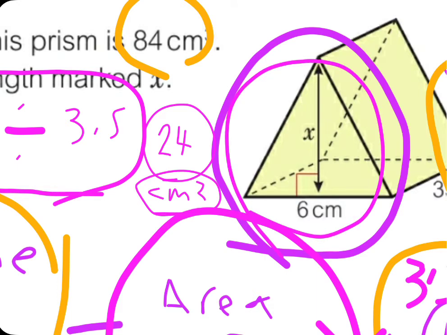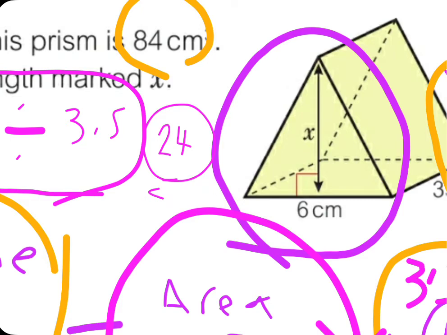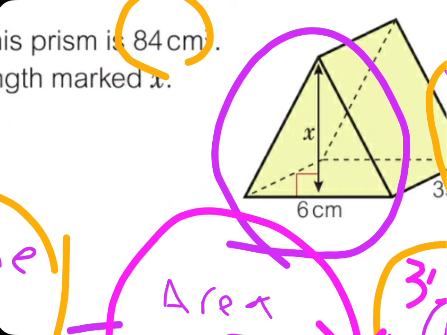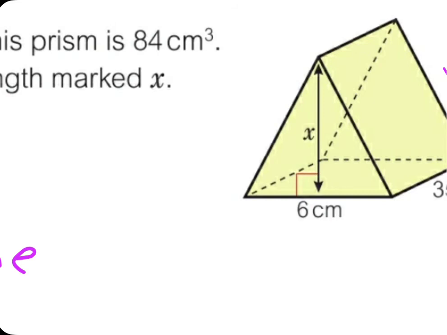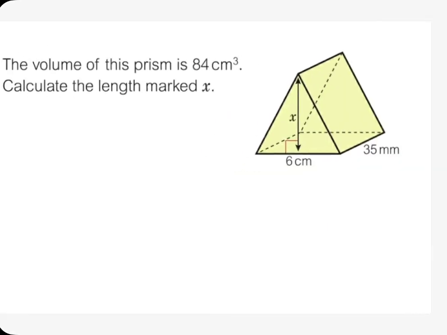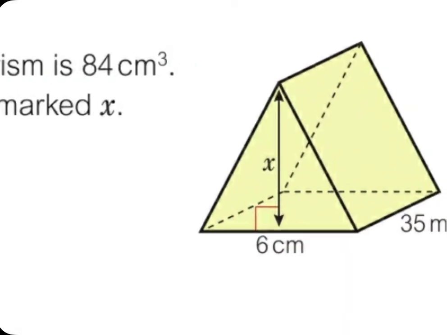Now, let's move on and find the height of the triangle. Let's remove all of these first. So we got 24 as an area of the triangle. Now, let's use the formula of the area of the triangle. What is the formula of the area of the triangle? First, let's write that we got 24 as an area, centimeter square.